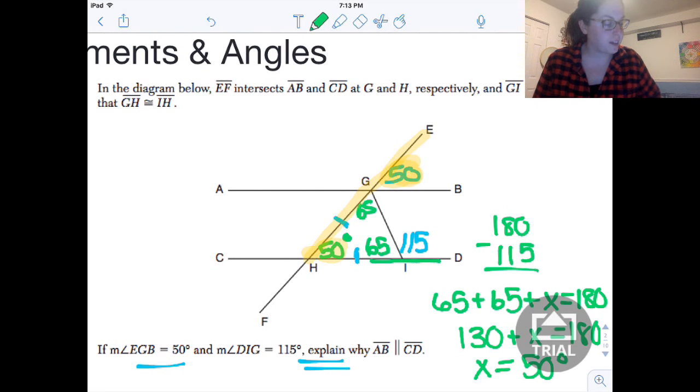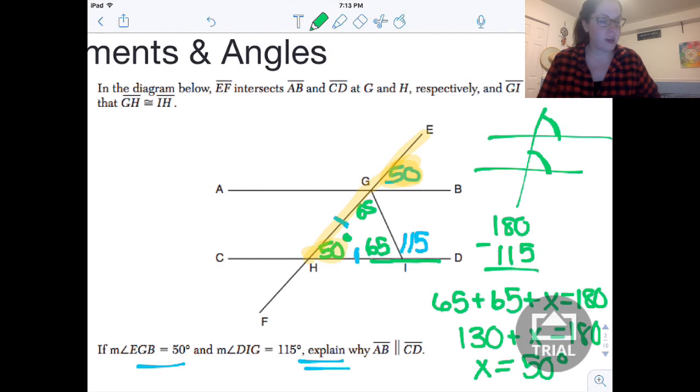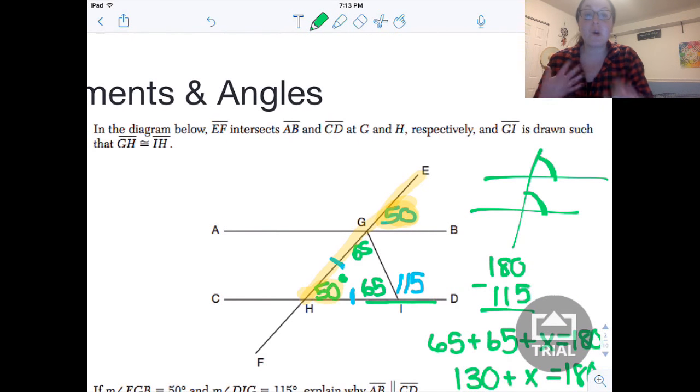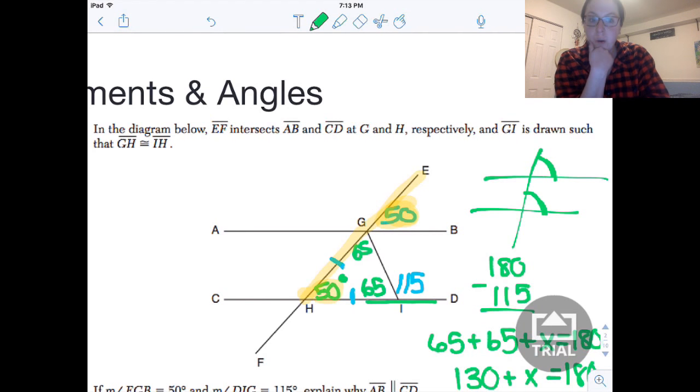So if I looked at my parallel lines, those are right here and right here. Sorry, I can't see that. So that's a pair of corresponding angles. Okay, those are corresponding angles. And we know that if corresponding angles are congruent, then the two lines have to be parallel.